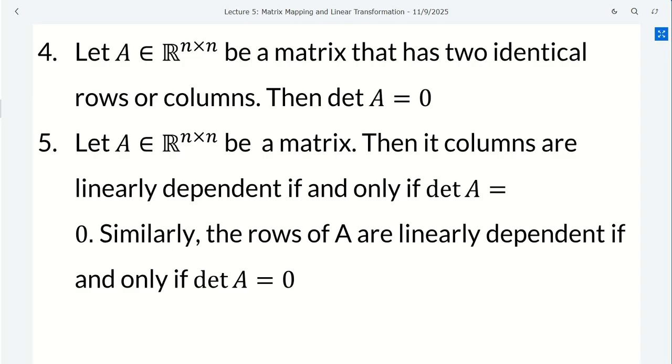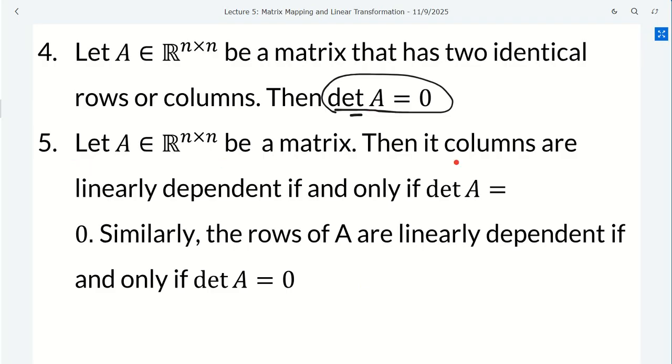And last time we saw dependency there, definitely the determinant was zero. So it will give you 0.